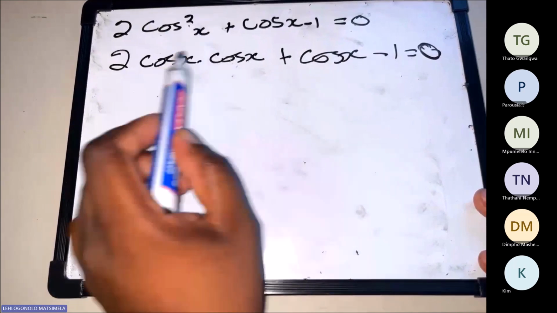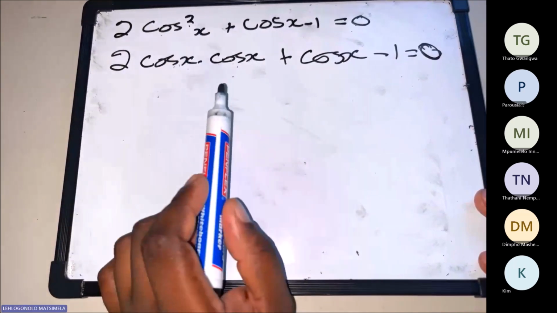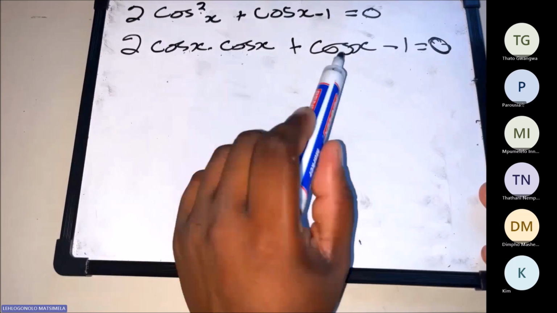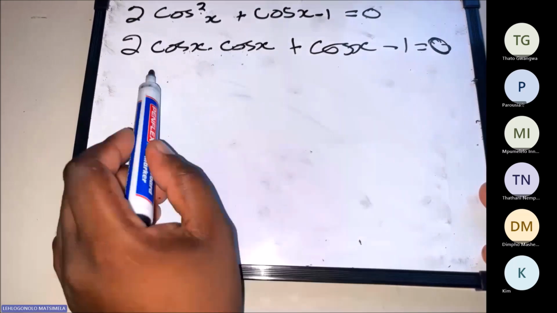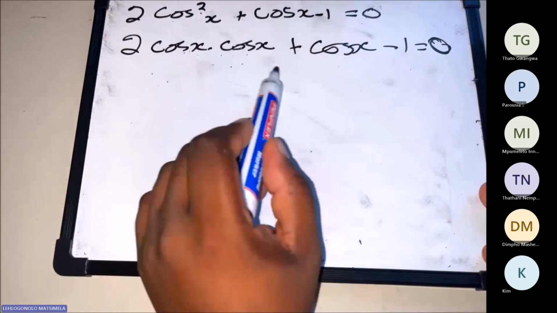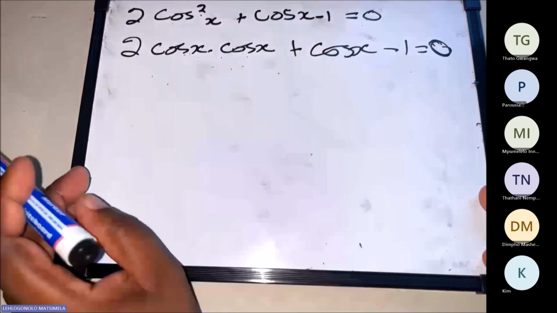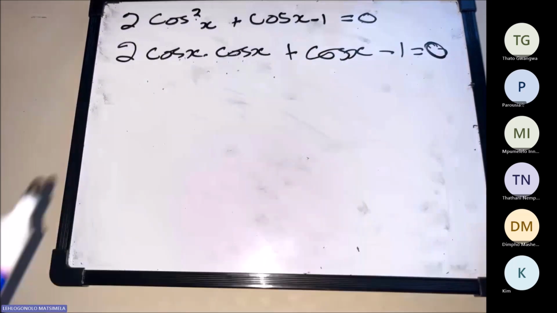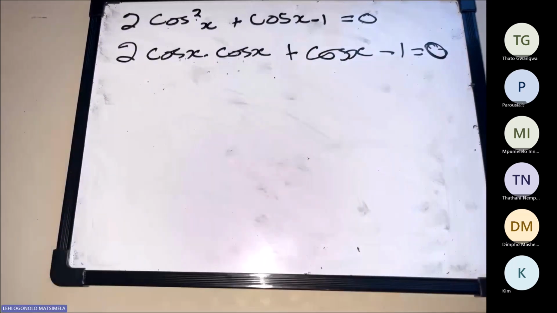This is the same thing. So when I want to factorize, I cannot say there is cos x here and cos x there, so cos x outside, and then cos x minus or multiplied by cos x plus 1. No, I cannot do that because there is only minus 1 at the end. That's why I said the method of the other side can't work for us until we do it the way it has to be done.